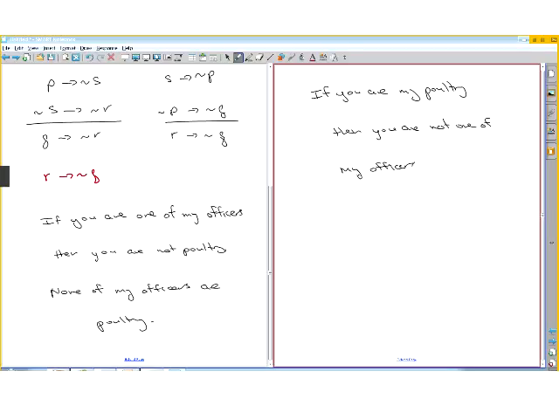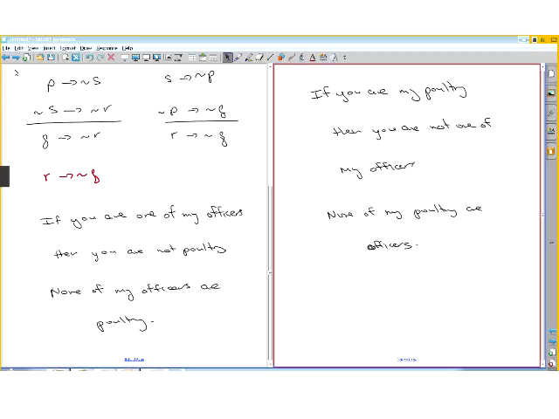And from that you would say, none of my poultry are officers. So they're basically the same thing. They're the contrapositive of each other. Okay, so that's how that works.